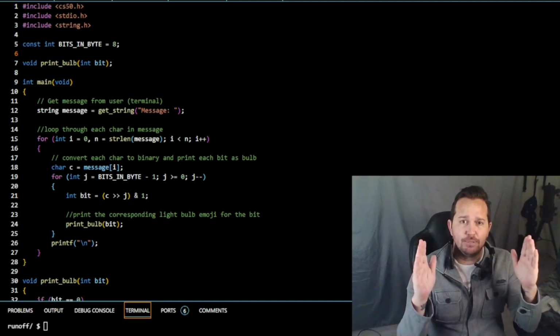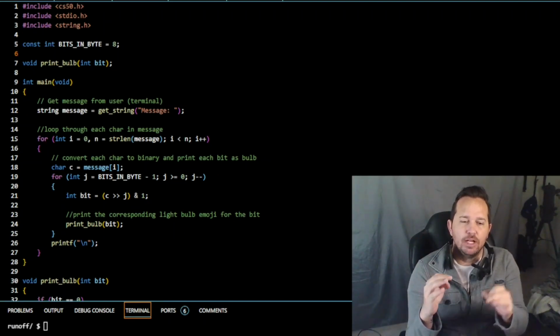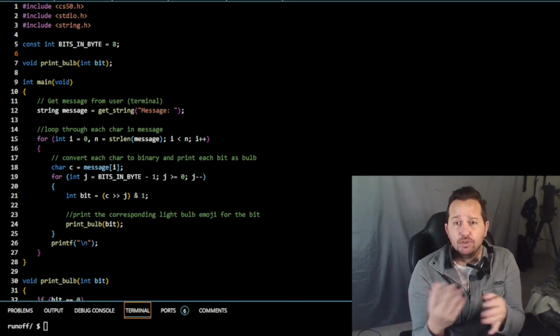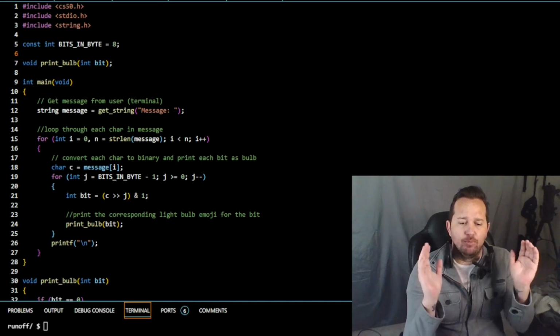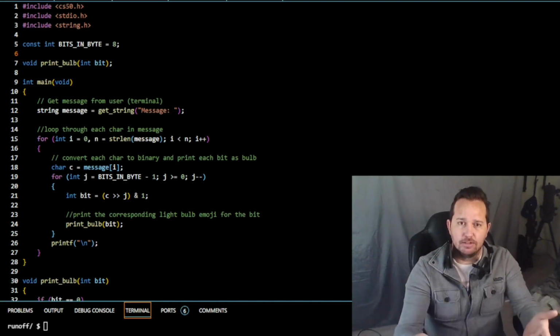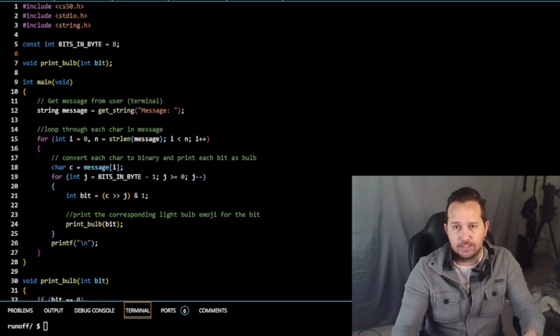So we take the 8 bits and we shift them, basically dividing them by 2 and figuring out if that bit is on or off, the 10, 10, 10, whatever it is. And once we find out whether it's on or off, we represent that in the bulbs, which is then telling a computer in binary, or telling a human in binary, what's listed there.